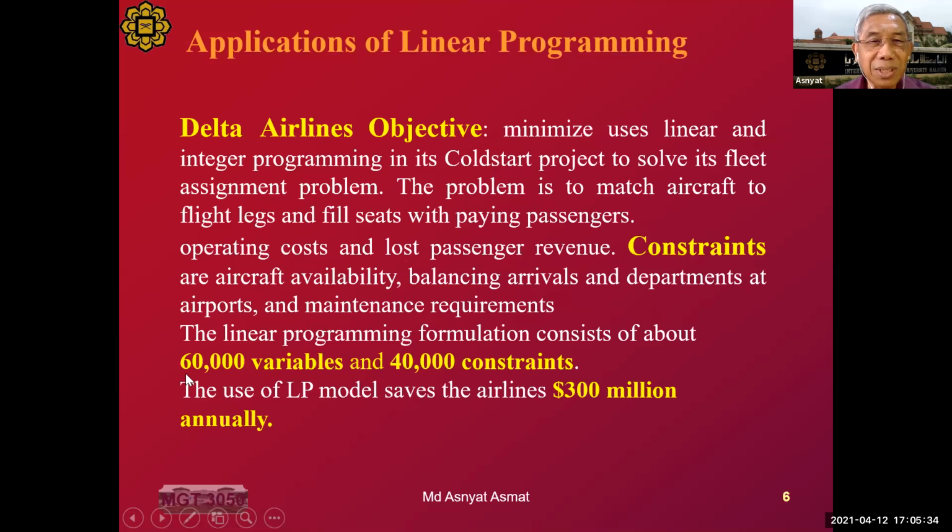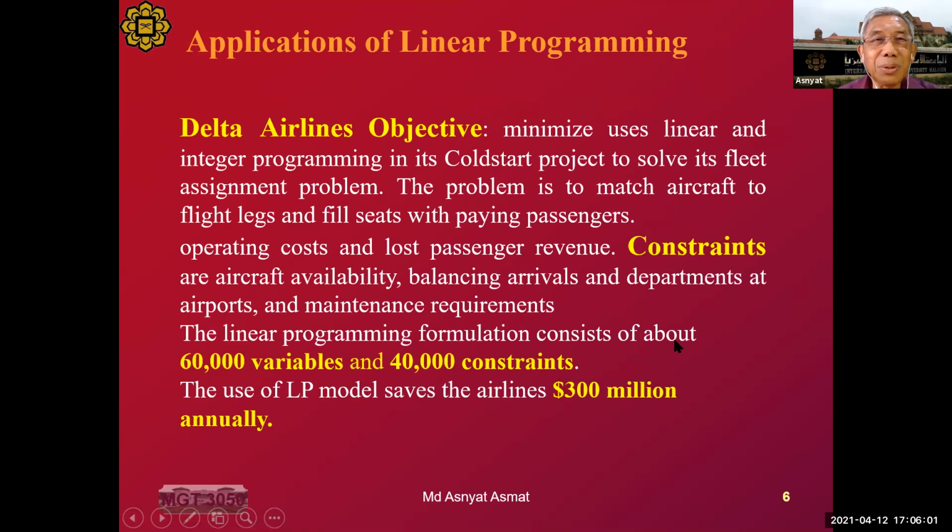Read at the bottom there, the yellow color: 60,000 variables and 40,000 constraints. So this airline has used linear programming with 60,000 variables, 40,000 constraints. By doing that approach, the company claimed they save 300 million a year.